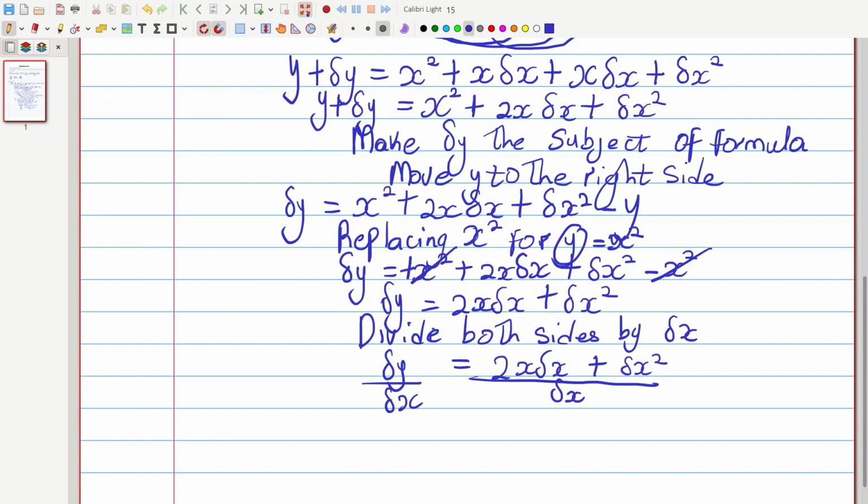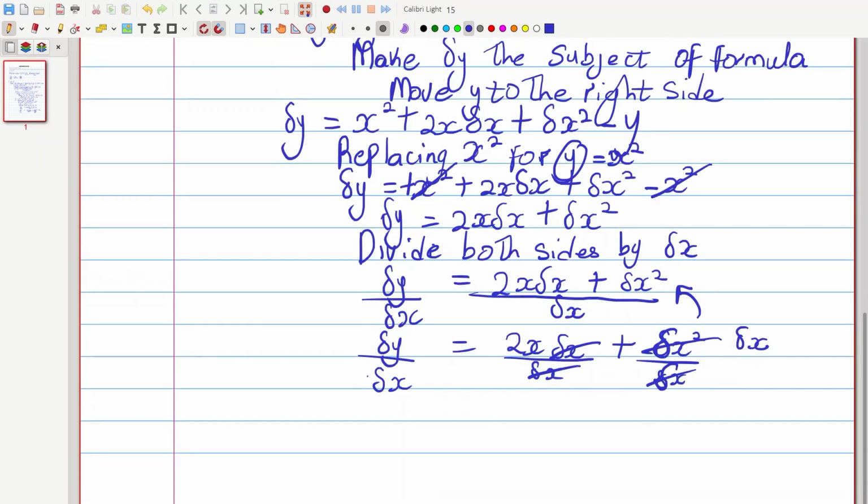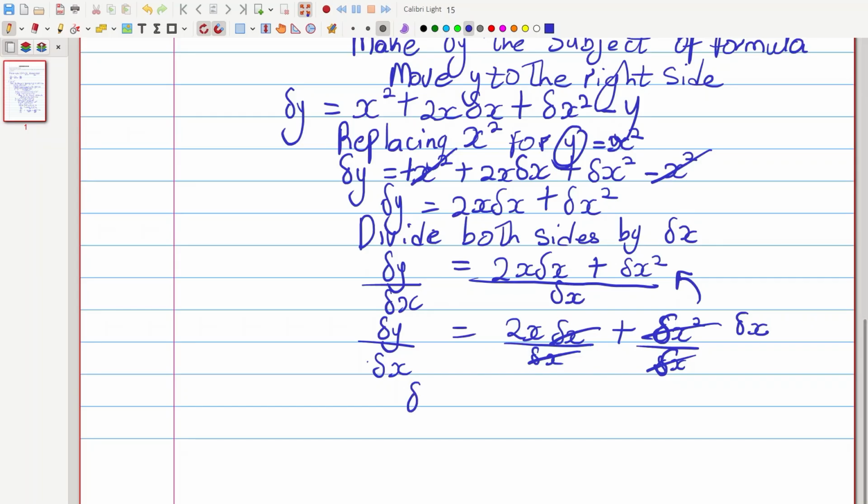Now we're going to break it down individually, each one will be divided by delta x itself, because this is still the same thing. We're just breaking it down into two parts. So this will cancel this, and it will remain delta x. So delta y all over delta x is 2x plus delta x.